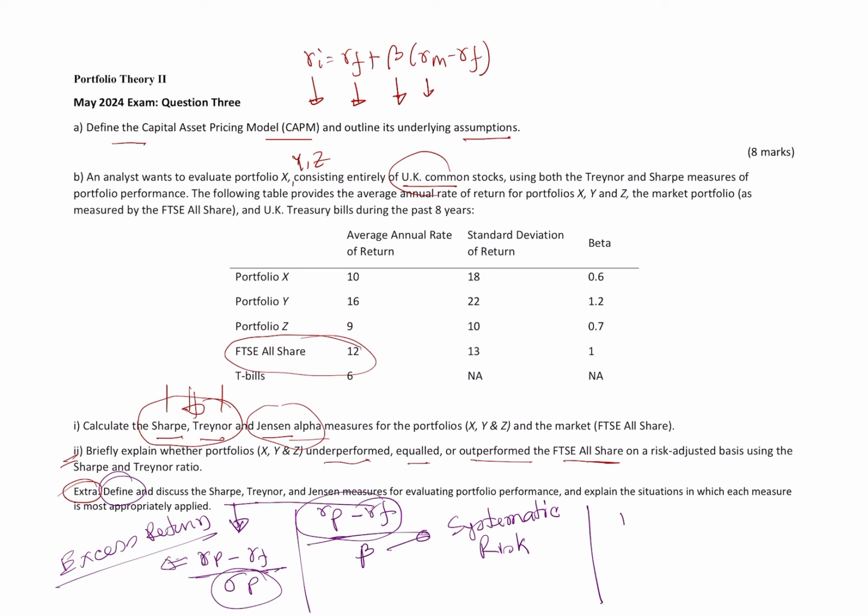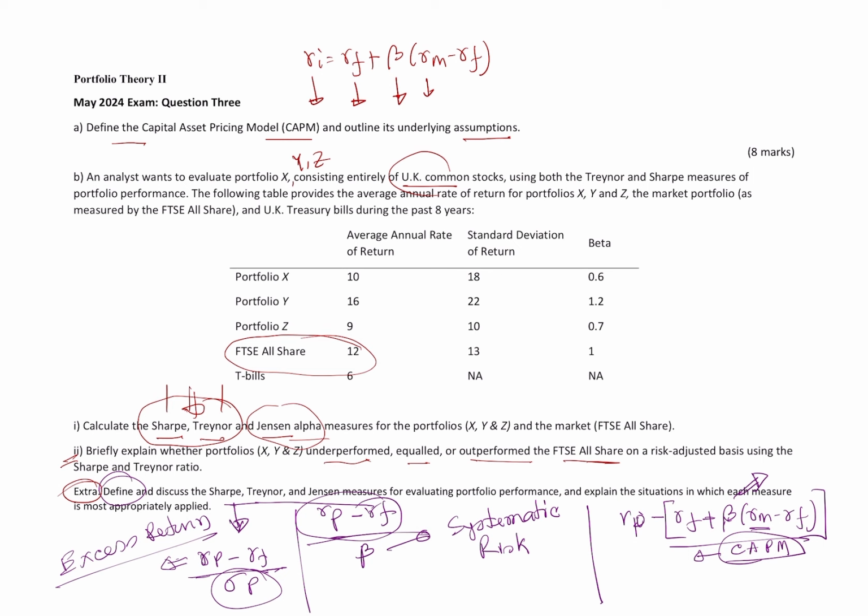Now, Jensen alpha is RP minus RF minus beta times RM minus RF. This is CAPM. CAPM tells us what our expected return is given the risk. The only risk measure here is the beta.